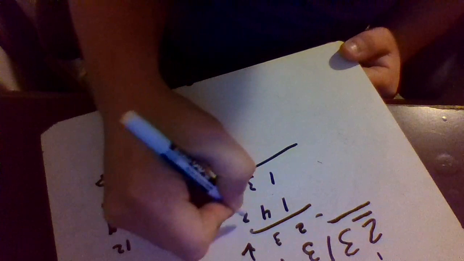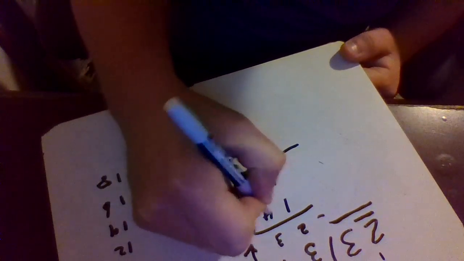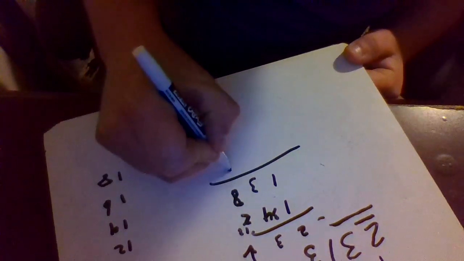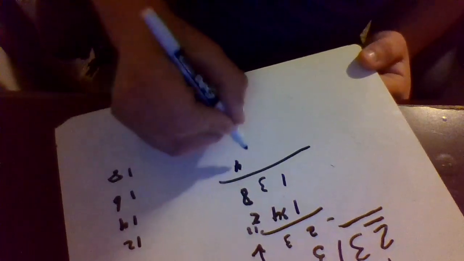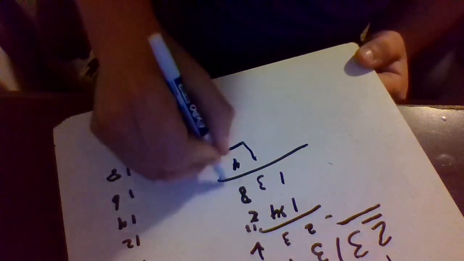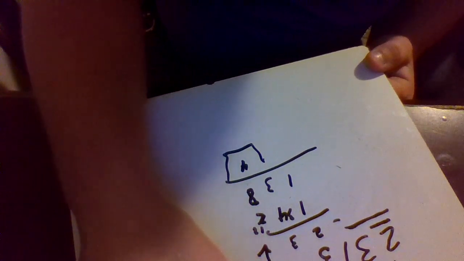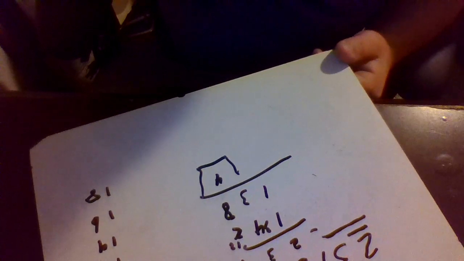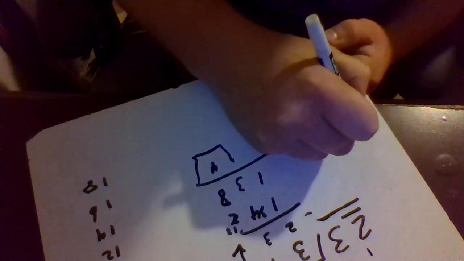Now, we have to borrow or regroup. 12 minus 8 is 4. So actually I got pretty close here. So that 4 that we have left over, we're going to put up here as a remainder. Remainder 4.